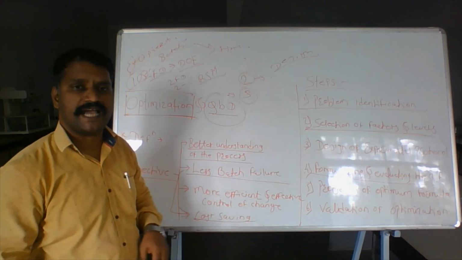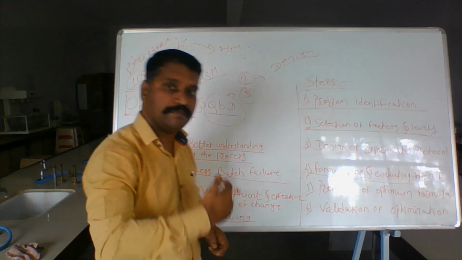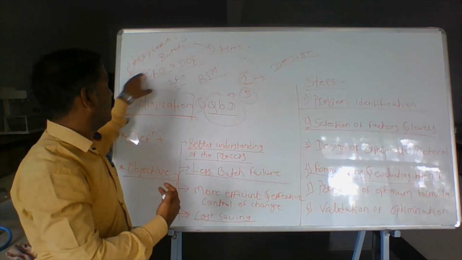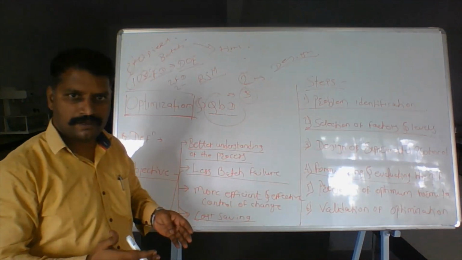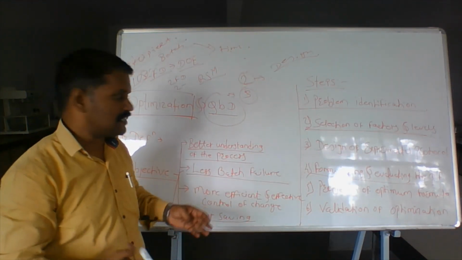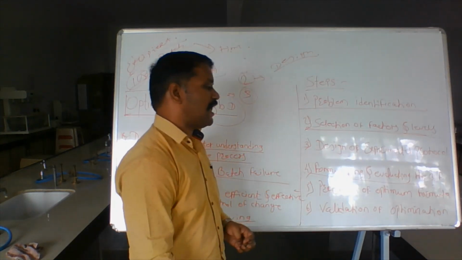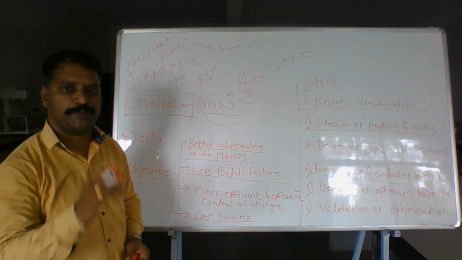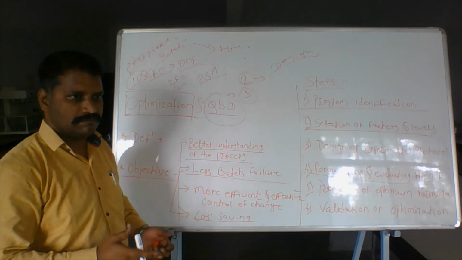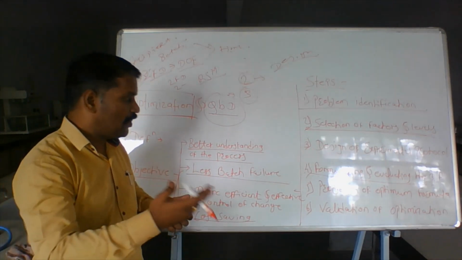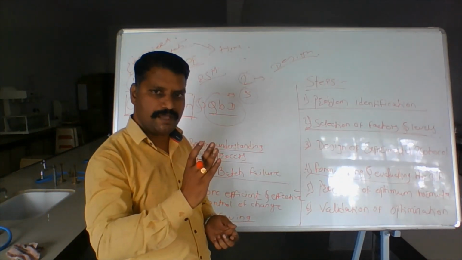Formulating as per the protocol, as per the layout given by the software for a particular design, we have to formulate the experiments or formulations according to the set parameters. Then prediction of an optimum formulation, just to predict. Okay, out of 9 batches, batch number 5 will be your optimized one. That is the prediction on the basis of the dependent variables.